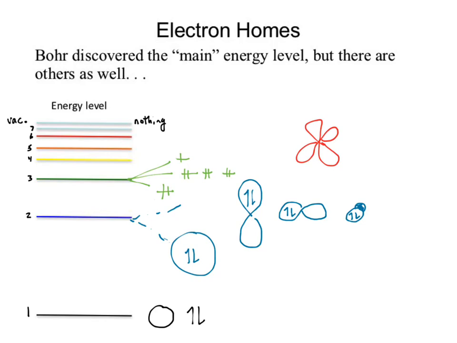The very first electron in the second energy level went where? Into the weird sphere shape, right? Where'd the second electron go? The sphere shape. Where'd the third electron go? Into a dumbbell. So a different shape, right?